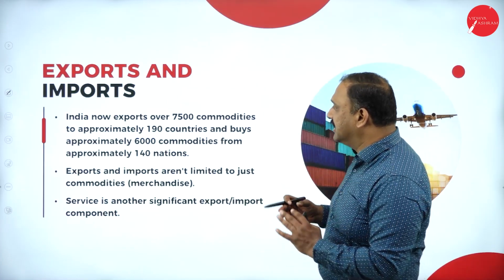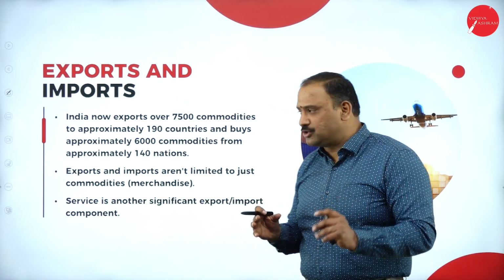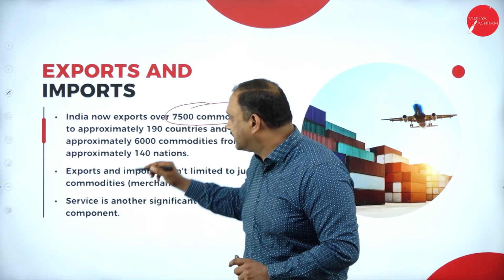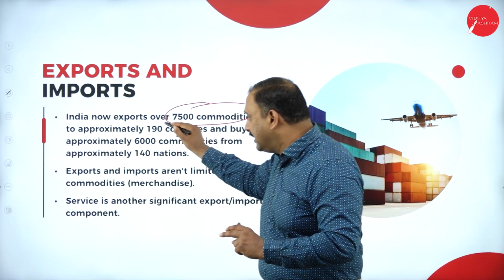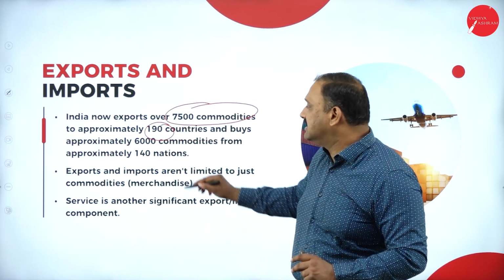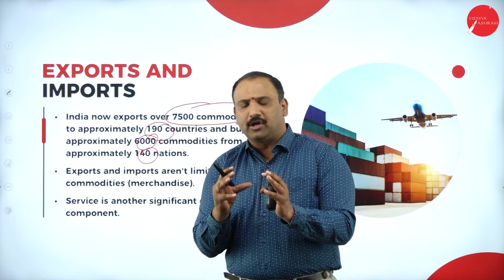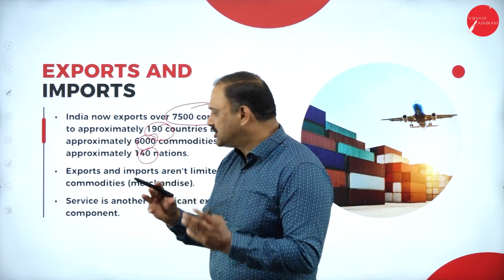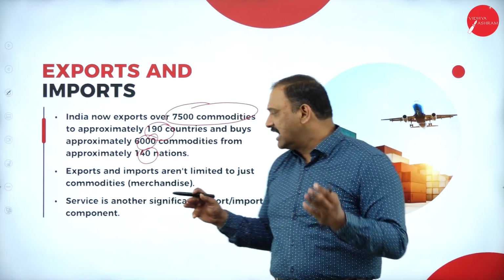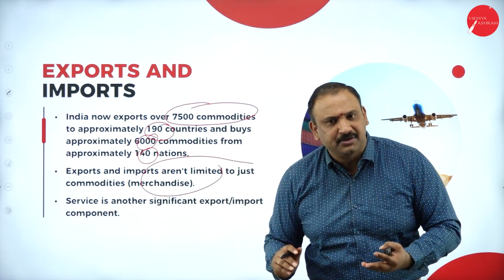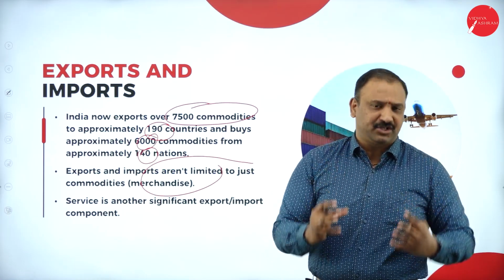Now, moving further, India now exports about 7,500 commodities to approximately 190 countries and buys about 6,000 commodities from 140 nations. So that's more or less a very good give and take situation. The exports and imports aren't limited to commodities. We are also talking about services.